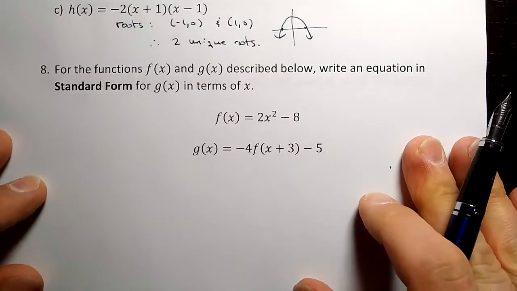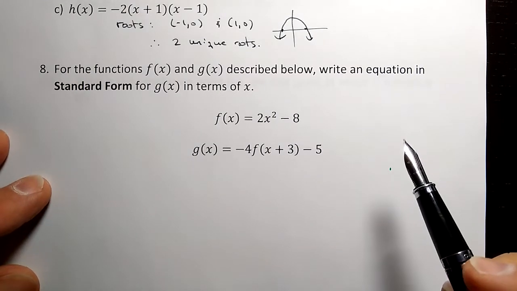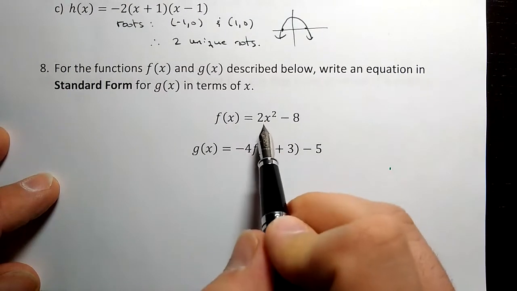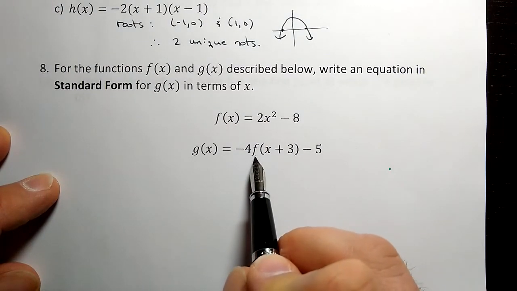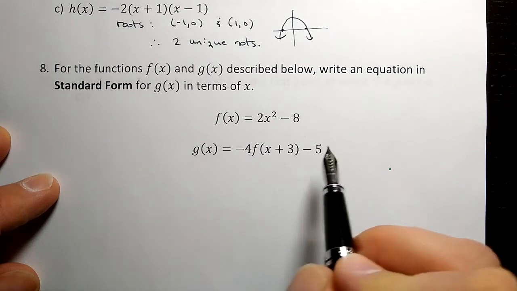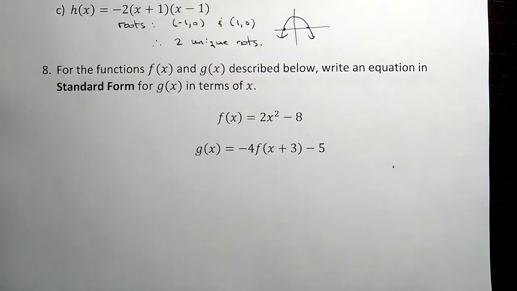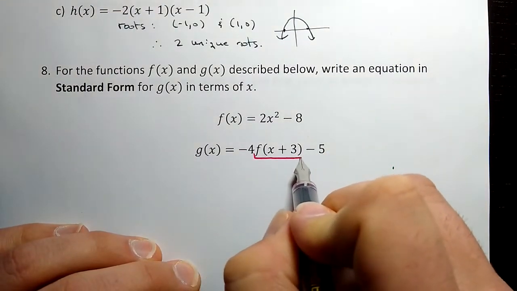Okay, let's look at this last one on the page. For these two functions, f and g, write an equation in standard form for g of x in terms of x. Well, let's take a look. f of x is a quadratic. g of x is negative 4 times f of (x plus 3) minus 5. So what we've got here, grab a color, is a function.